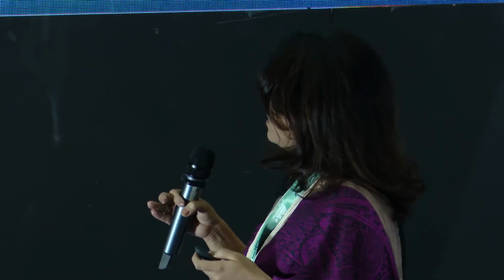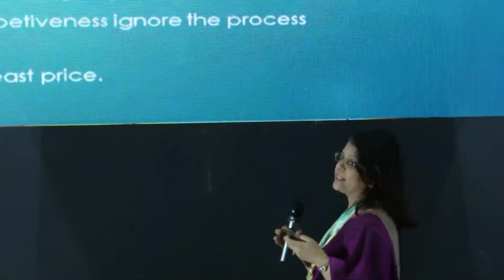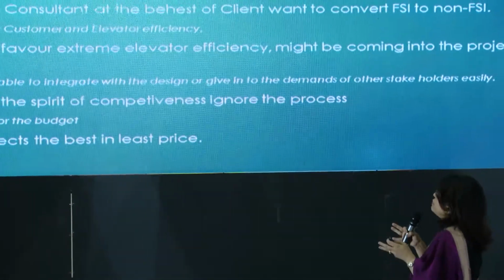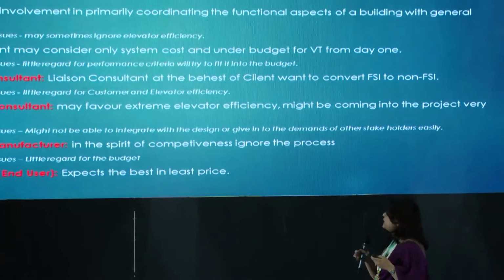Now we come to the need for effectiveness by better integration. What I'm talking about here is, where do we slip? Where are the slips happening? For example, the architect is primarily involved in coordinating the functional aspects of the building with the general building plans.